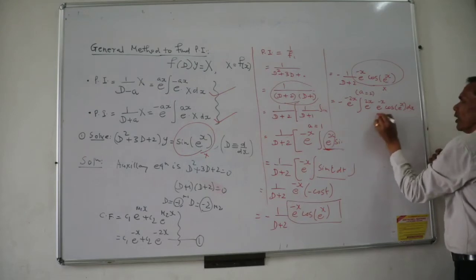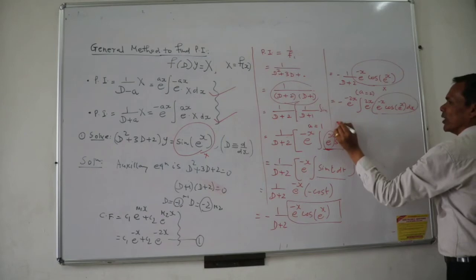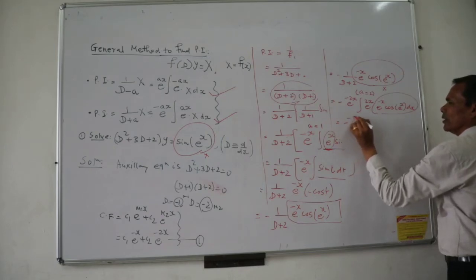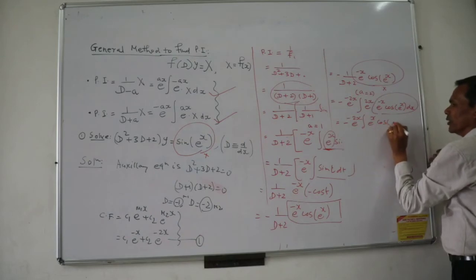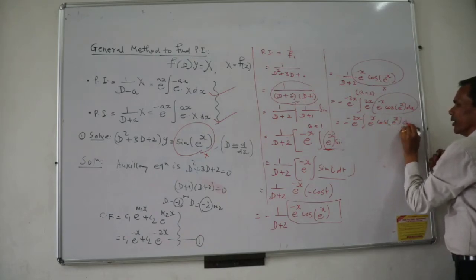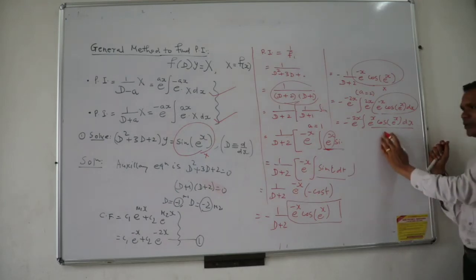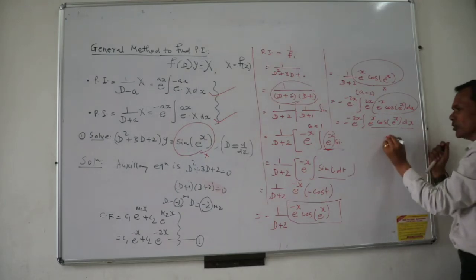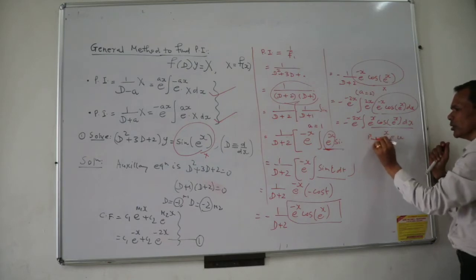So I will consider this capital X here. So I simplify this further, e raised to minus 2x, e raised to x, cos of e raised to x into dx. Now again I am using the same substitution here, because e raised to x is equal to t if you are using, or u, put e raised to x is equal to u.